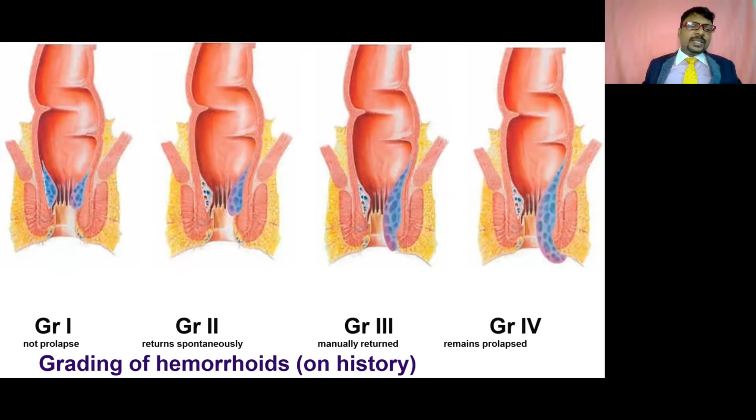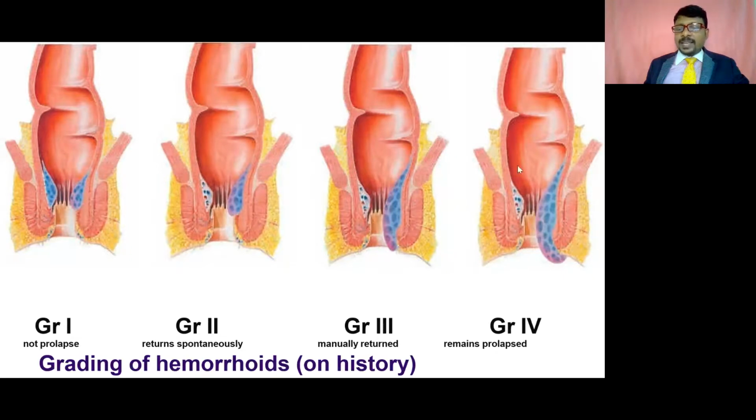It won't produce pain or discomfort. In grade two, the hemorrhoids come outside while defecating, and after defecation they go back inside spontaneously. The third one is enlarged and manually returned. While defecating, these hemorrhoids come outside of the anus, and if they are pushed, they go inside. It won't give much complication.